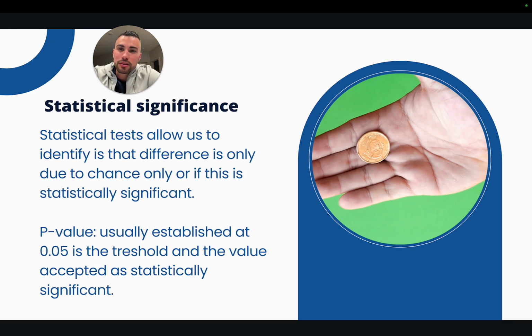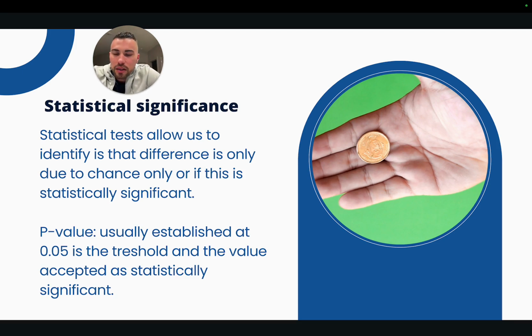Now this takes us to the next stage, which is defining whether the difference that we are seeing in our results is due to chance only or whether the results are statistically significant. The way we do this is through the p-value. So what does it mean?